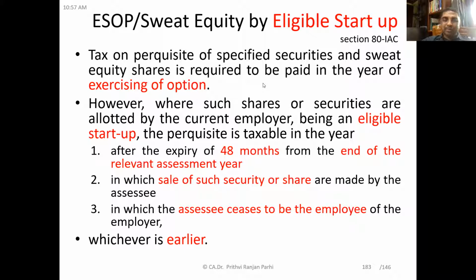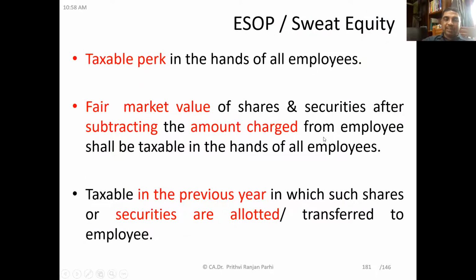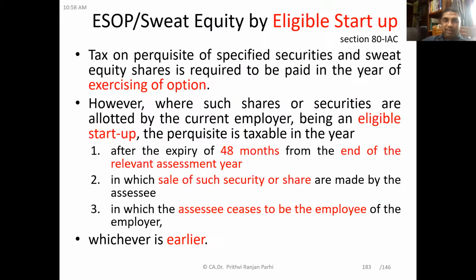What I told you first is that generally it will be taxable when it is allotted or transferred to employees. But if it is an eligible startup company, then the tax is required to be paid in the year of exercising the option. When the employee exercises the option, in that particular year, it will be taxable.